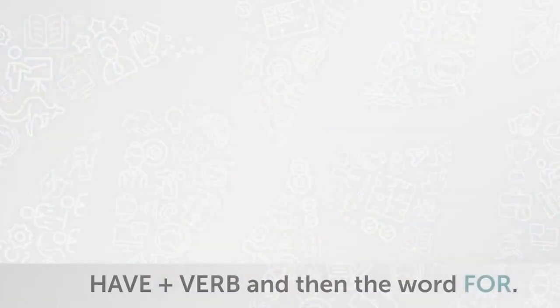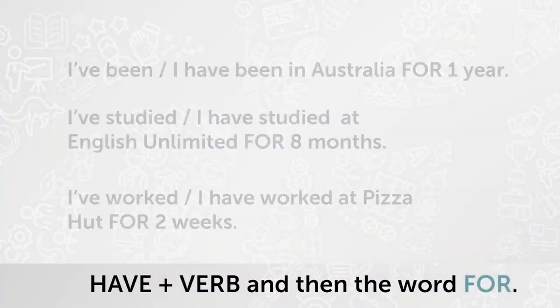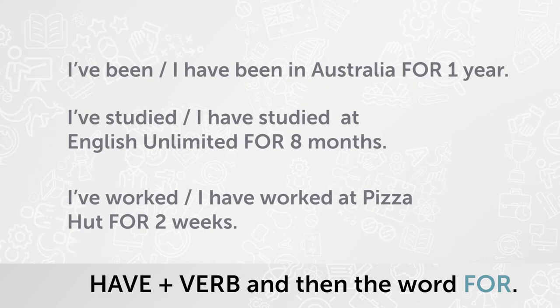Now, I want you to also notice which verb tense we're using here. Notice that there are 2 parts to the verb. Have plus verb, then the word for. I have been in Australia for 1 year. I've studied, I have studied at English Unlimited for 8 months.